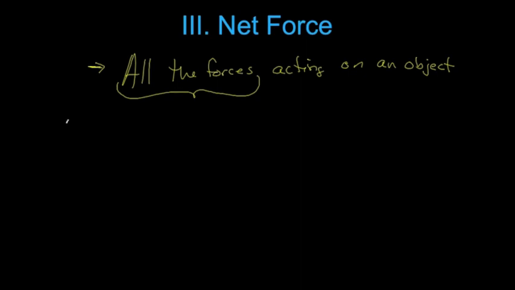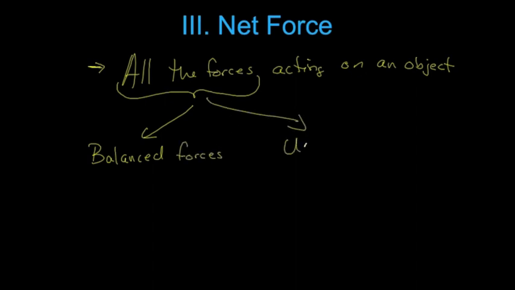If the forces are balanced, well, basically that's going to result in either balanced forces or unbalanced forces. Balanced forces are going to result in the object maintaining its motion.